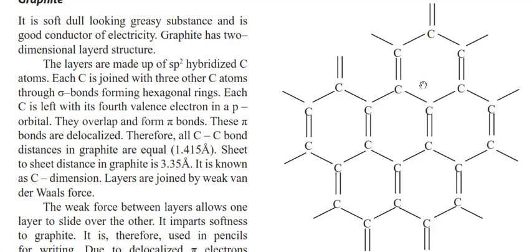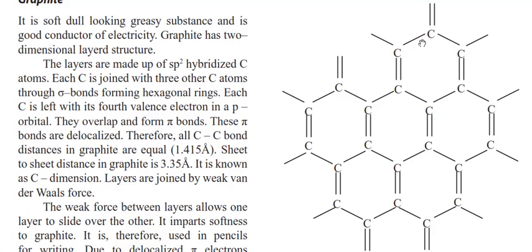The bond between two carbons is mostly a sigma bond, and in this layer structure each carbon is initially attached to 3 carbons. Okay, so there is 1 electron left, hence they can form this kind of double bond structure. And this pi bond is always delocalized in the whole graphite layer.